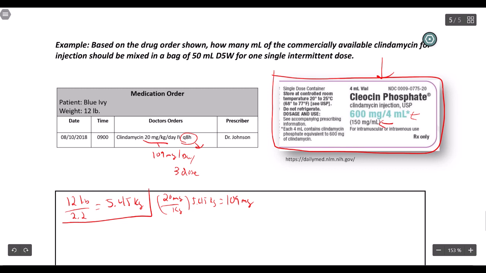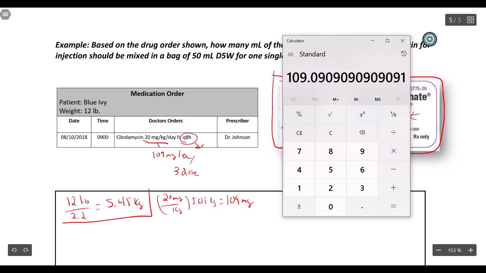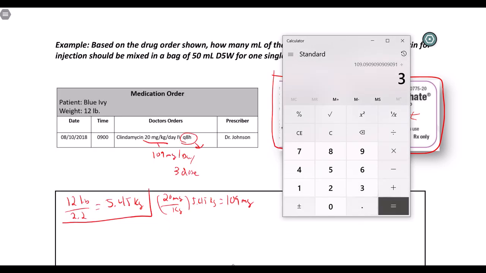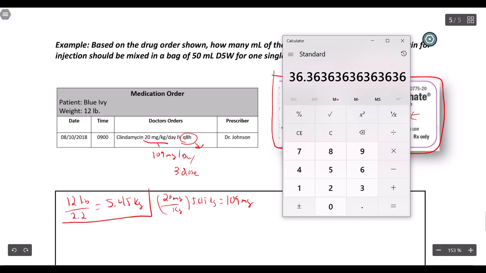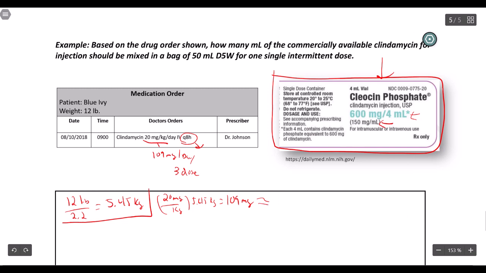So if I take my 109, or my 109.0909, and I divide that by 3, I get 36.36. So this is approximately equal to 36.36 per dose. I'm dividing this by 3 doses a day. So that's how much I need per dose, because it says for one single intermittent dose.